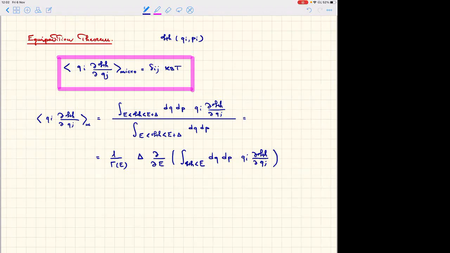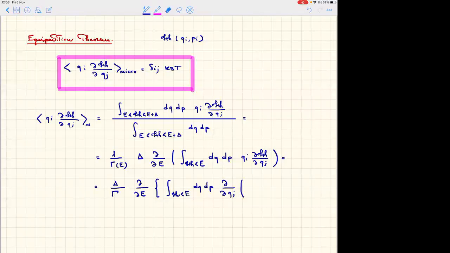All right, so now this is equal to delta over gamma d/dE. And now I integrate by parts. So this is the integral over H smaller than E of dq dp. No, sorry.